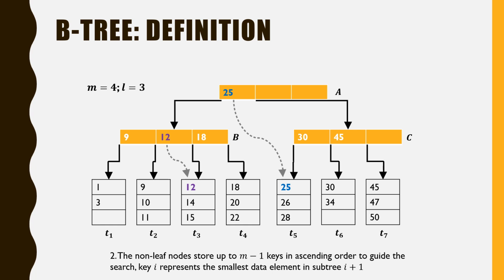This value is also the smallest element stored in the second subtree of the root node, which is rooted at node C. Similarly, the second key in node B, highlighted in purple, is 12. This value is the smallest element stored in the third subtree of B, which corresponds to the leaf node T3.